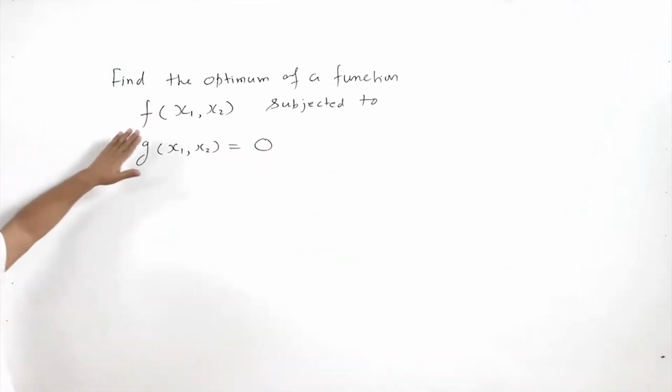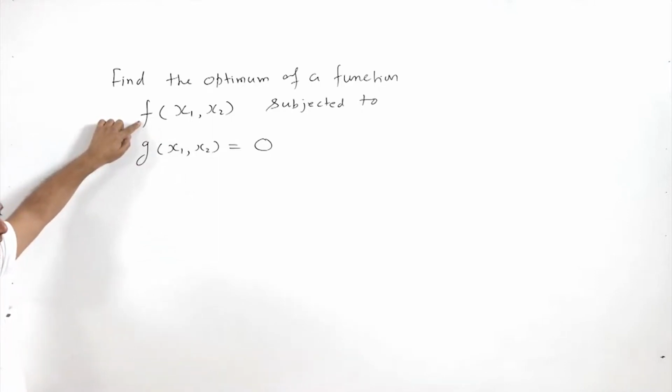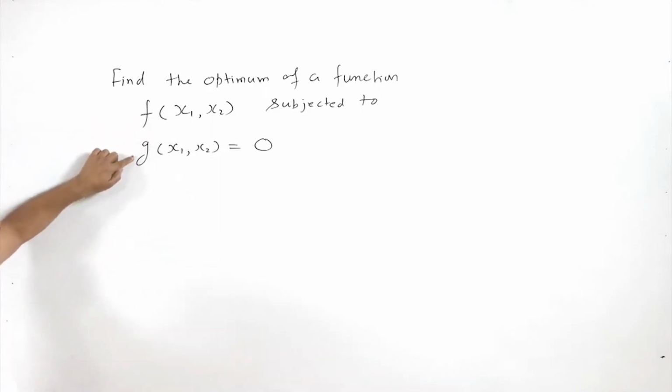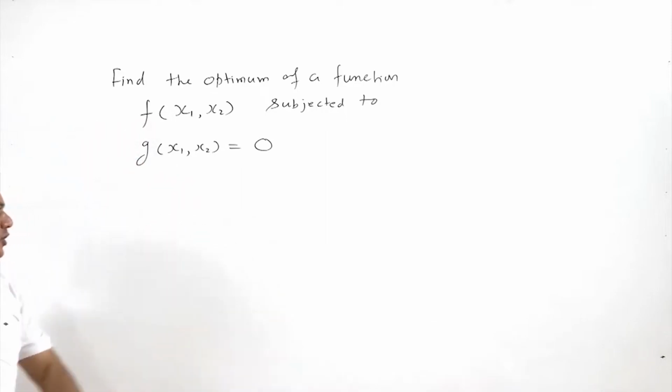So, my problem here is to find out the optimum value of f which is subjected to the condition g(x1, x2) equal to 0.